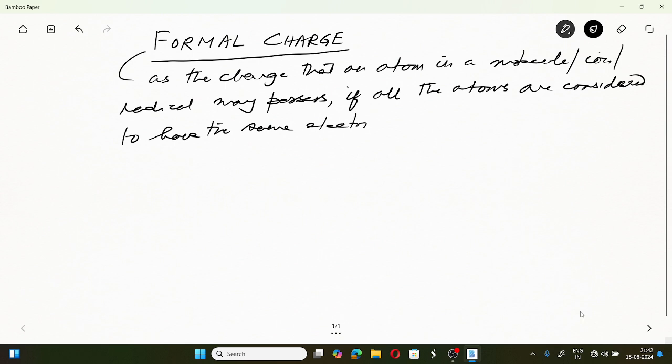This is the definition of formal charge.